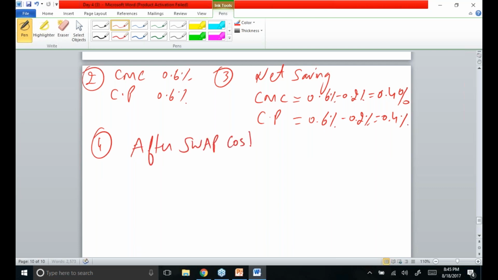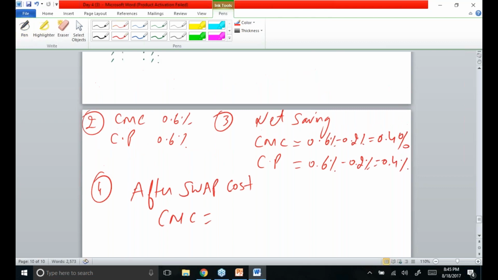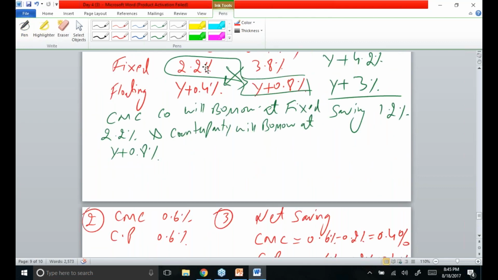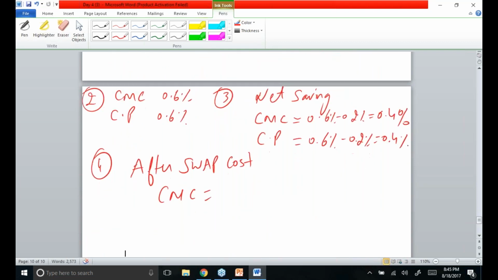Now the fourth and final step after swap cost. Go back to the first step: as CMC company already borrowed at fixed rate, its final answer will be in floating. So the floating rate is yield plus 0.4, but its saving is 0.4, so its final cost will be only yield.